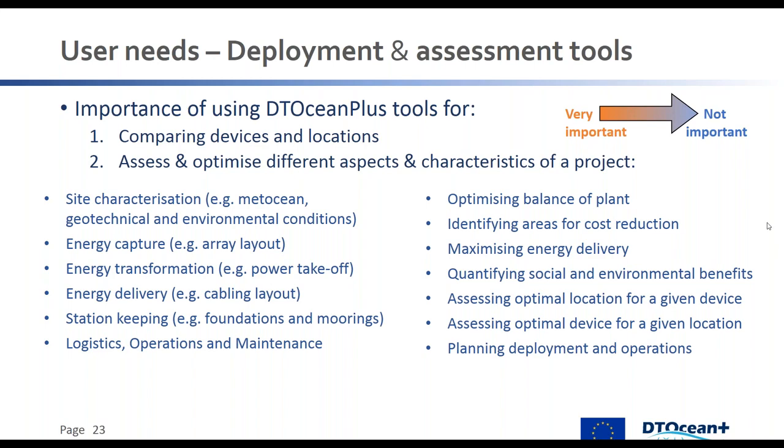We'd also like to understand the importance to assess and optimize different aspects or characteristics of the project, such as the energy capture and transformation, logistics, operation and maintenance, or optimizing the balance of plant. There are a lot of these areas that we feel the tools will be able to do, and we'd like to understand from our users which of these are most important or perhaps least important for the different types of user.